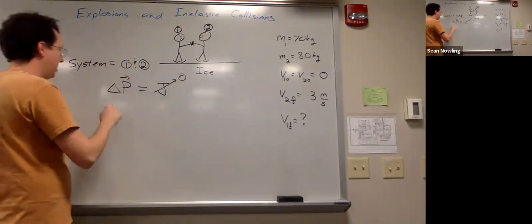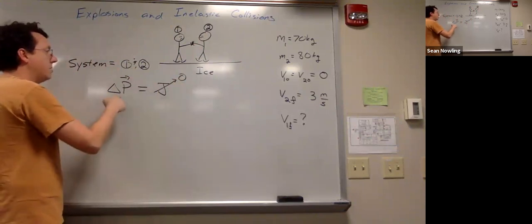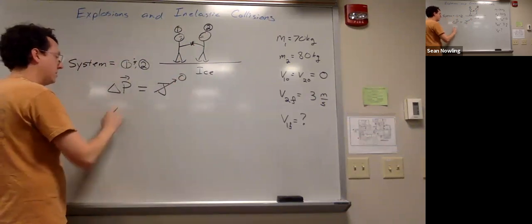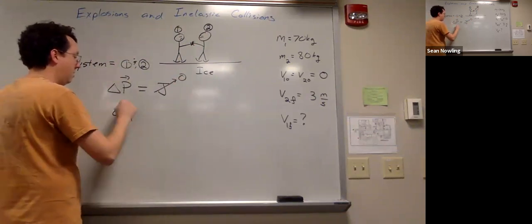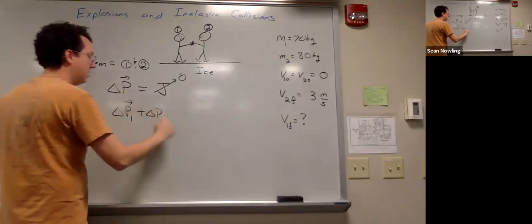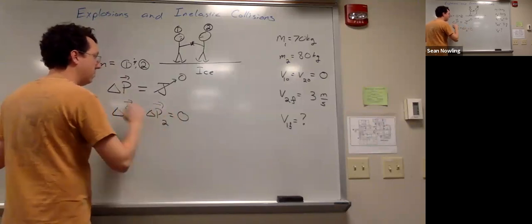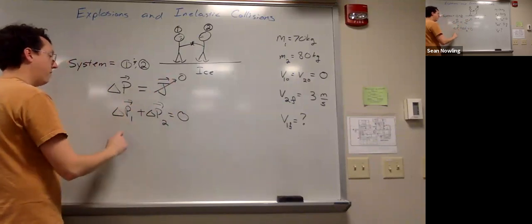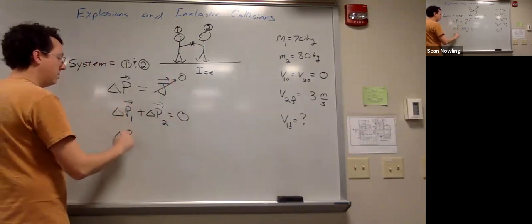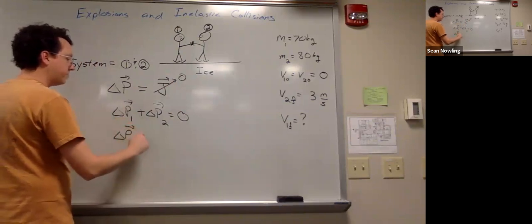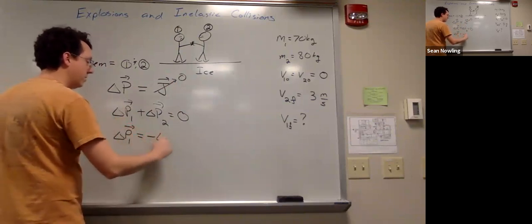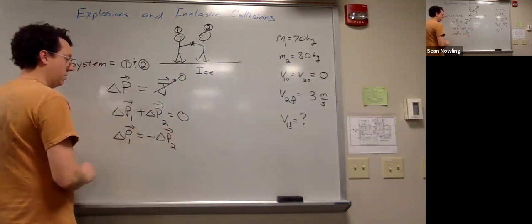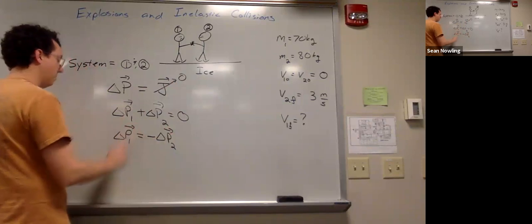So what I learned is that the change in momentum of 1 and 2 total equals 0. So that says delta P1 plus delta P2 equals 0. Should have had an arrow up there. Apologize. Therefore, the change in momentum for person 1 equals minus the change in momentum for person 2. And I can simply plug in my formulas.